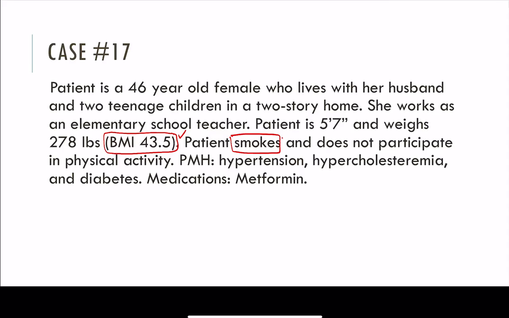She is a smoker, and there's no physical activity. So she's got a handful of risk factors. Then in her past medical history, she is hypertensive, she has high cholesterol, and she has diabetes. So this is a patient who has a very high clumping of risk factors and comorbidities associated with cardiovascular disease.